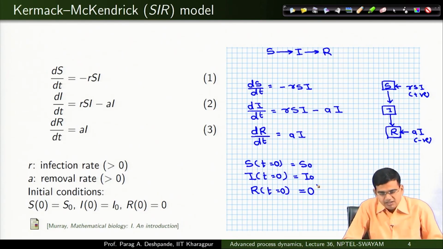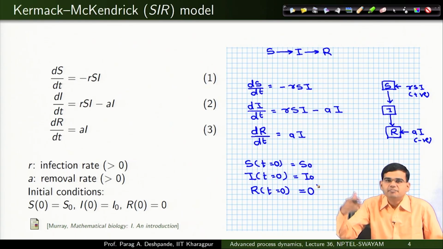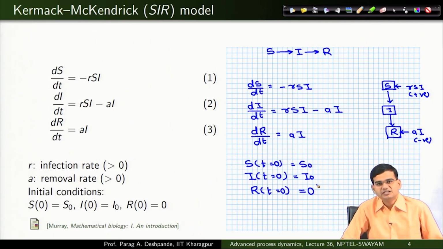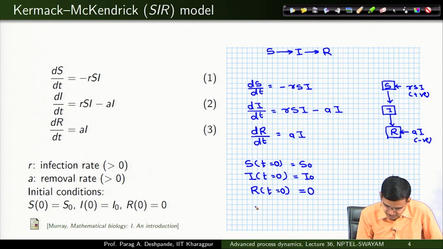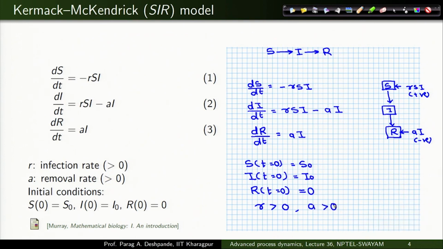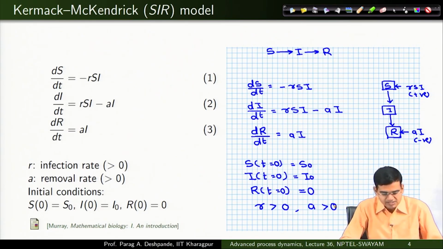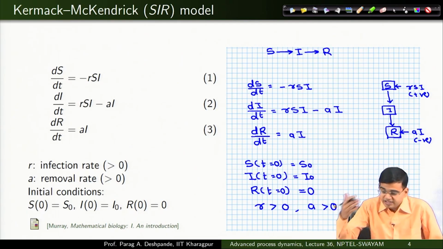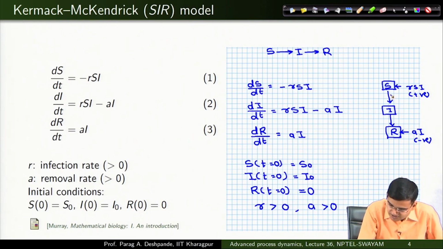Finally, we are looking at how the population growth in various compartments takes place. Therefore, I have r which is greater than 0 and I have a which is greater than 0. r is called the infection rate, the rate at which infection spreads, because that would be the rate you see here in this box.